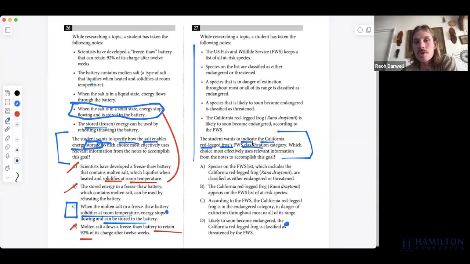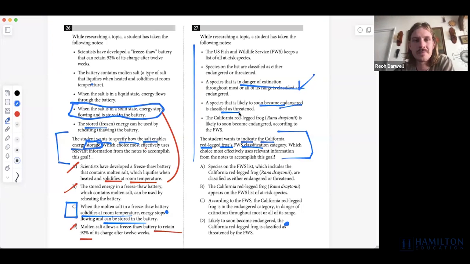We have to make what we call a safe inference. If it is endangered, it is in danger of extinction. If it is not yet classified as endangered, it means that it may soon become endangered.